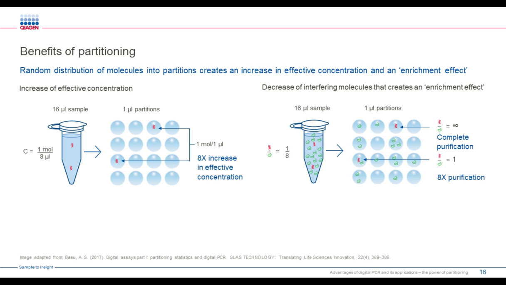Since we have two, they will end up in separate partitions. They could potentially end up in the same partition, but this is very unlikely due to the statistics behind it. So now we have an effective concentration of one molecule in 1 microliter. That means we effectively increase the concentration of this molecule in this case by 8 times.